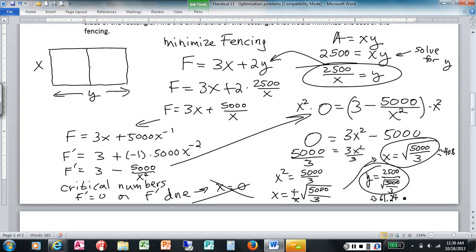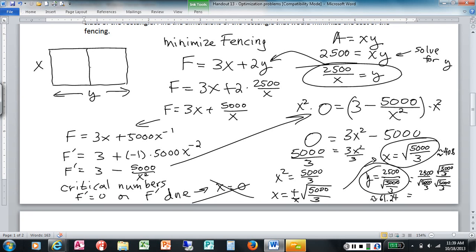Okay? Well, the other thing I was going to show you was an interesting little connection here. If I take the y here and multiply by the square root of 5,000 over 3, top and bottom. I'm running low on space here, I didn't budget my space. Let me go over here just a bit.